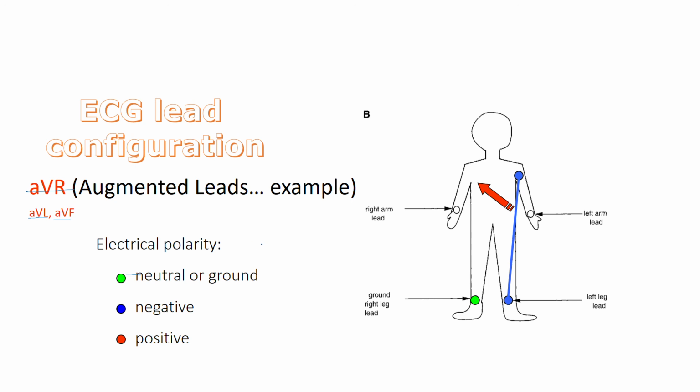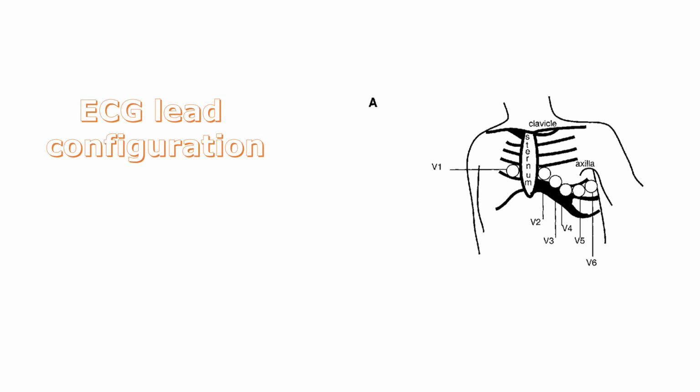So how many electrodes do we have? Here we have four different electrodes, three different combinations, and then also a lot of electrodes located at the chest. We have chest leads called V1, V2, V3 to V6. These leads are unipolar.